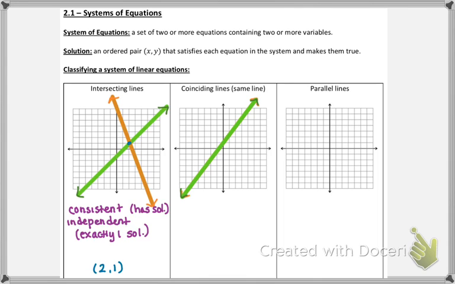So when we think about their points of intersection, there are so many points of intersection. All of these are points of intersection, any point on the line. And so our solution now, there are infinitely many of them. We can't list them all, so we just say that there are infinitely many solutions.